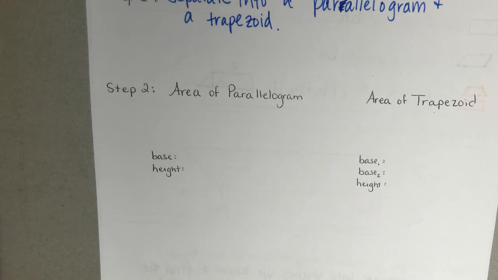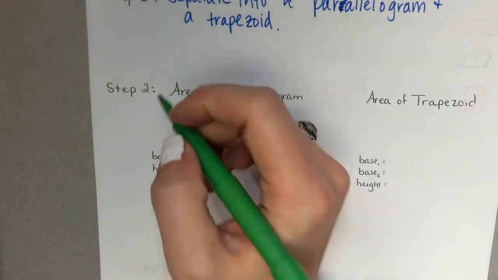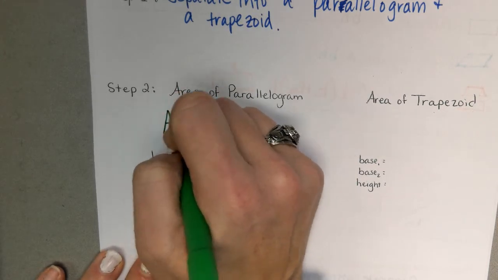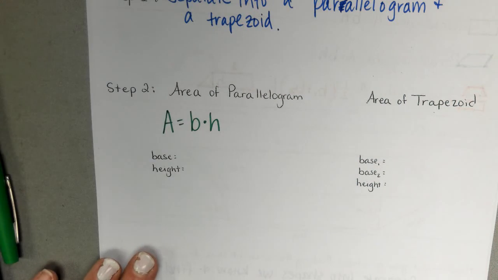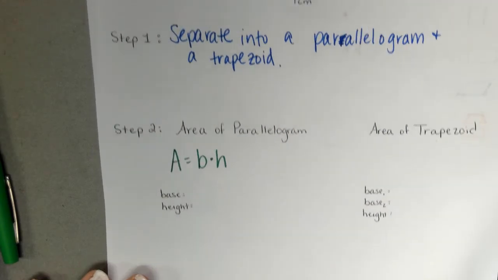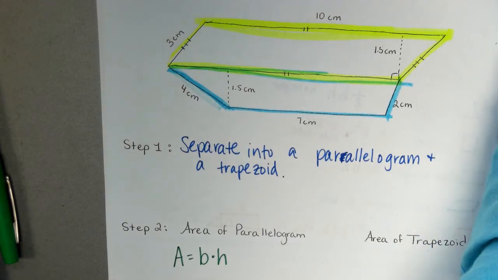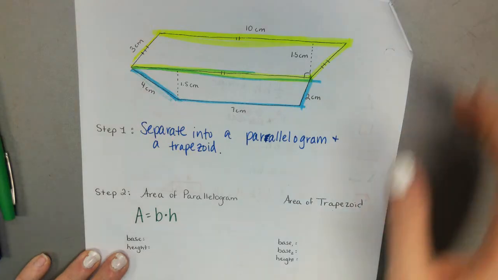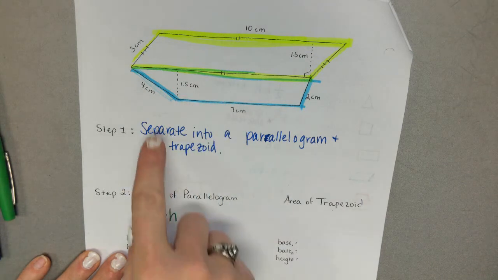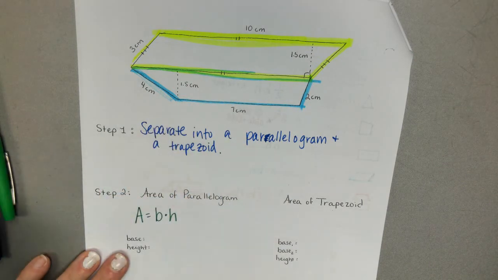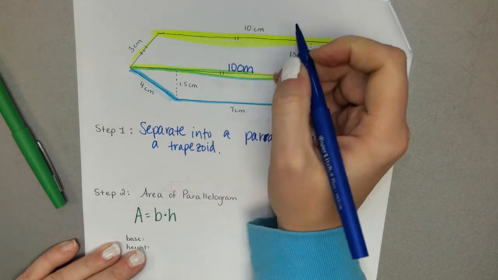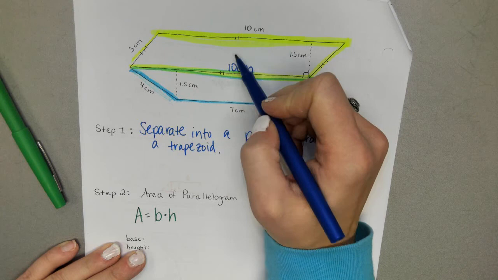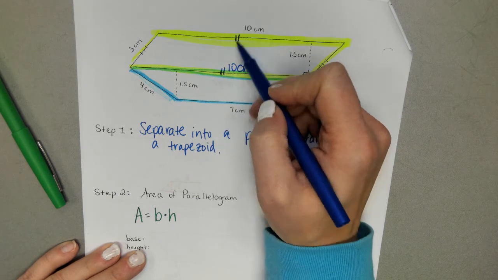If we look back at our first page for the formula of a parallelogram, area equals the base times the height. Let's look at that parallelogram up here. The parallelogram has a base of 10 centimeters, because this is 10 centimeters, and these little lines right here tell us that they are equal.